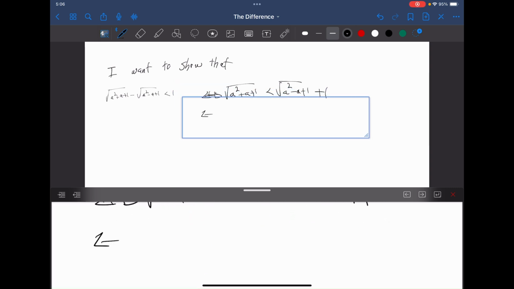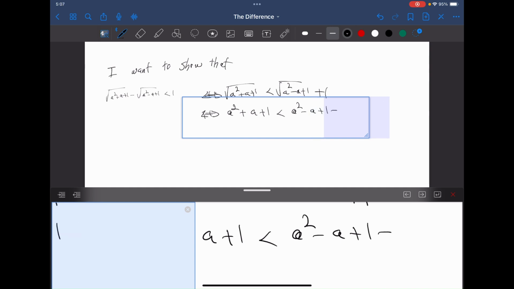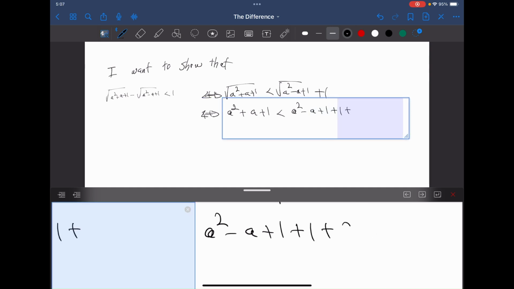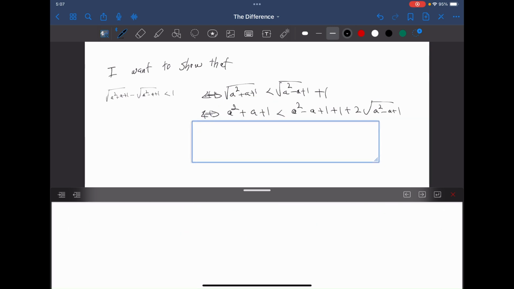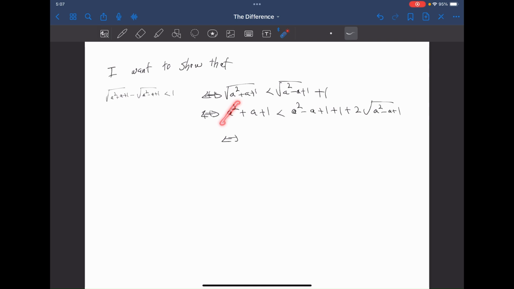And this holds if and only if, raising the two sides to the power of 2, I have a squared plus a plus 1 is less than a squared minus a plus 1 plus 1 plus 2 times root of a squared minus a plus 1. Just simplify, get rid of a squared here, here, and 1, 1.